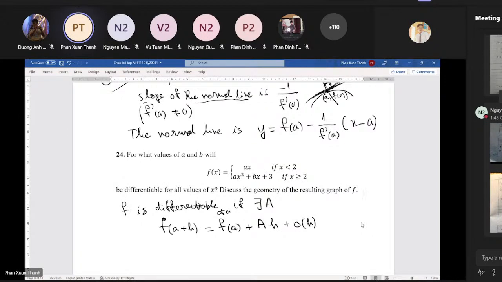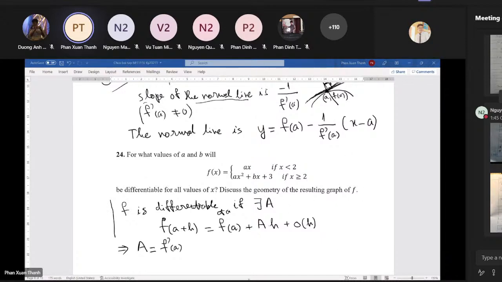This is the definition of differentiable at a, and we will see that A will be the derivative of the function f at a. Okay, so this is the definition of differentiable. Let me take the solution for this exercise 24.